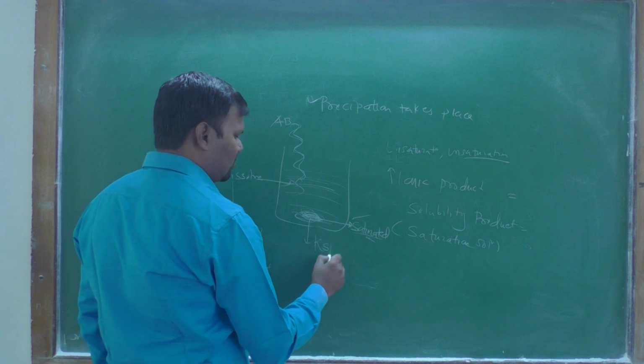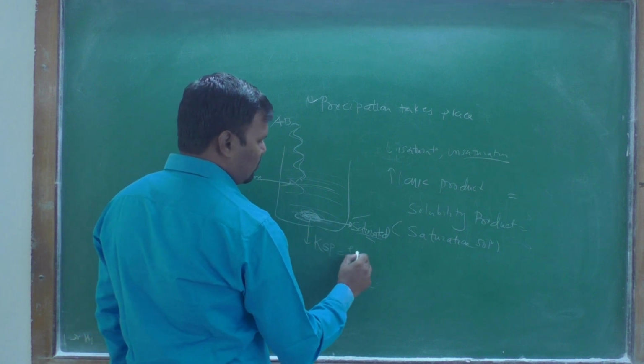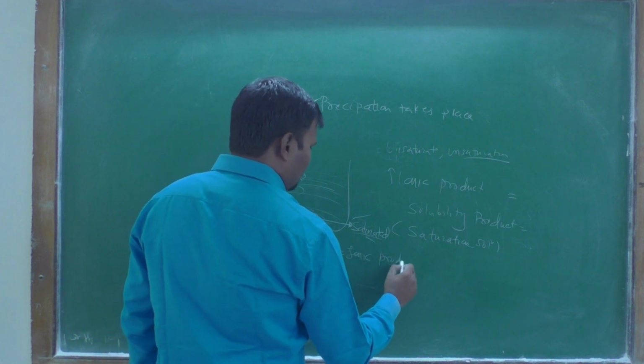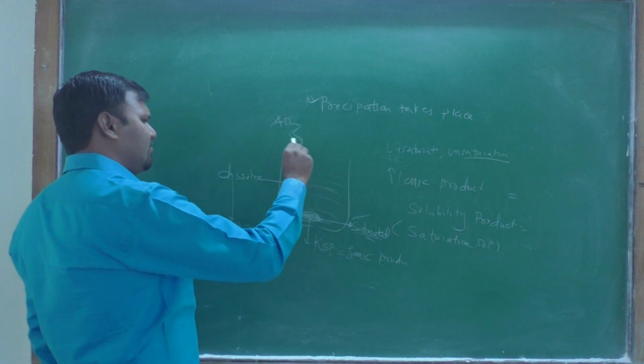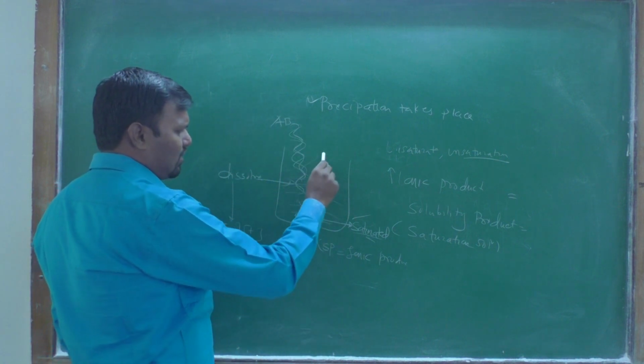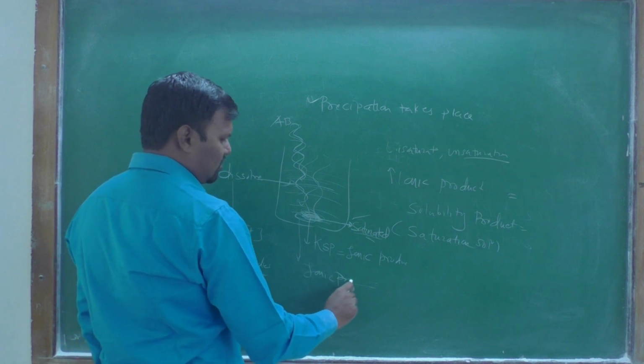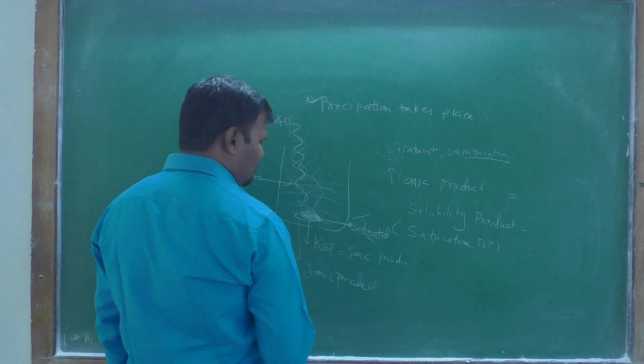At that saturated solution, the solubility product KSP is equal to the ionic product. If you add more and more solute, the ionic product increases.